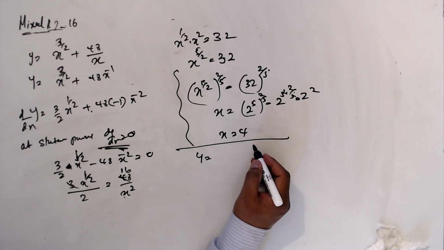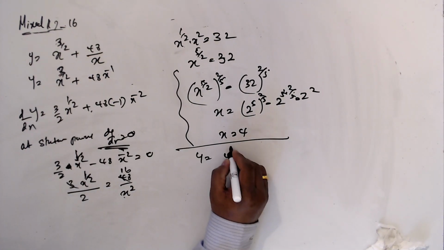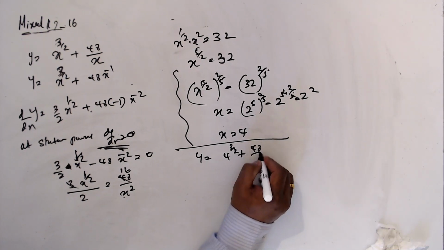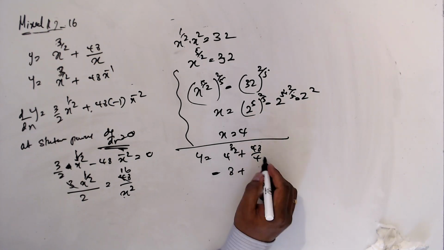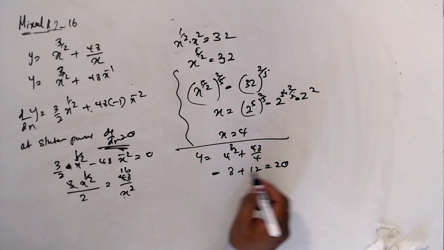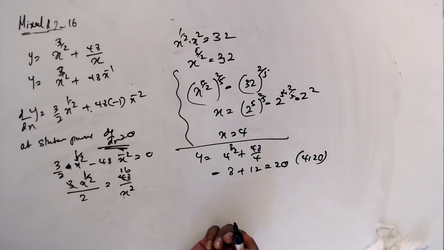So x equals 4, then y equals 4^(3/2) plus 48 over 4. This is going to be 8 plus 12, so this is going to be 20. So the point is (4, 20).